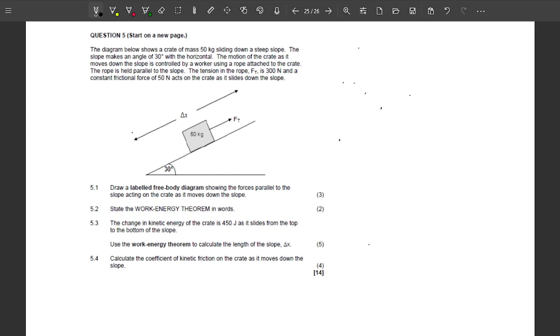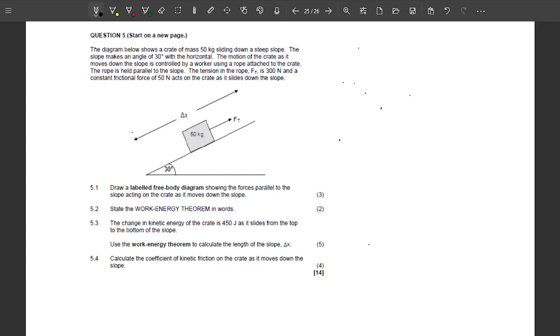We're told to draw a free body diagram and give it some labels. Note how the mark allocation is 3, so we're expecting 3 forces acting on this object. So here we've got this 50 kilogram crate on a slope that makes an angle of 30 degrees with the horizontal.